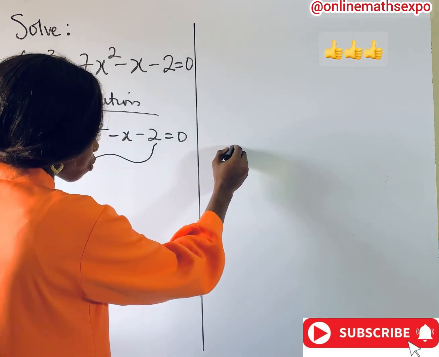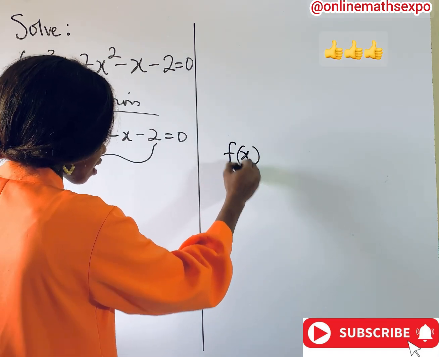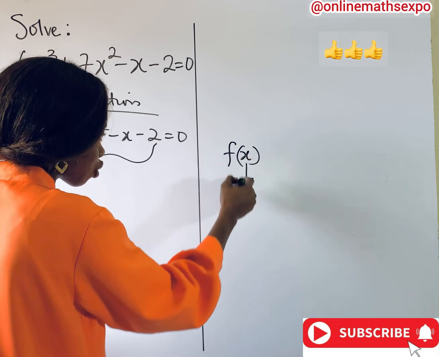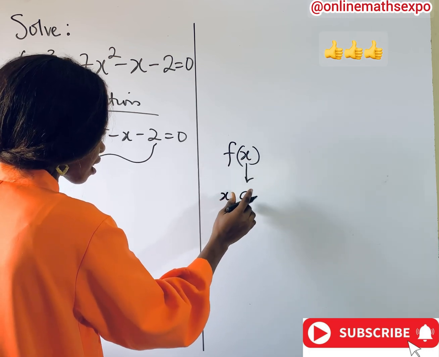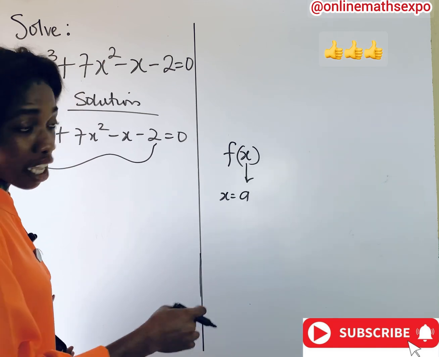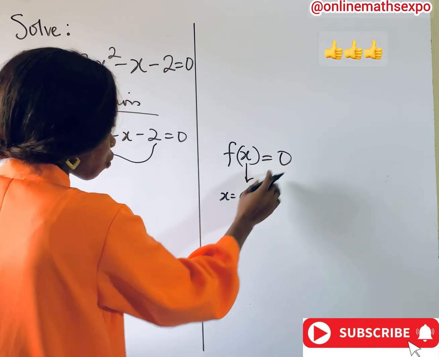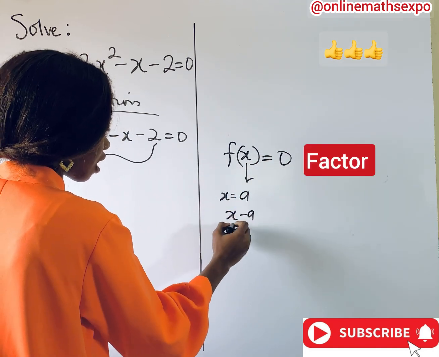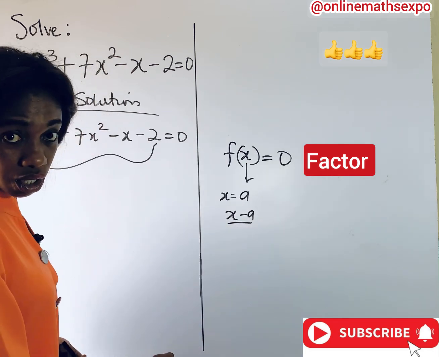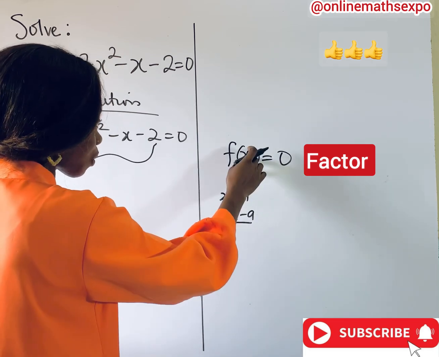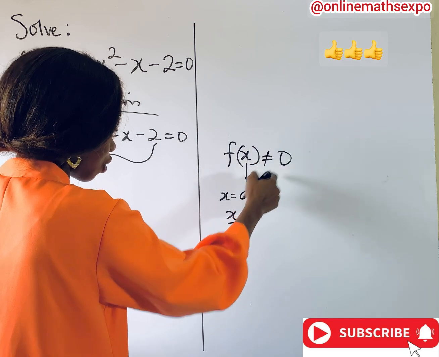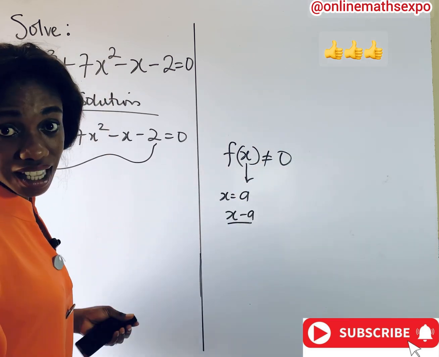Remember your factor theorem, which says if you have f of x and you substitute the value of x as a into this function and it is equal to 0, we say that x minus a is a factor. But supposing you substitute it and it's not equal to 0, it means that this is not a factor.